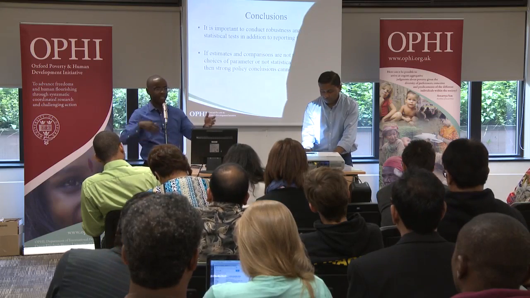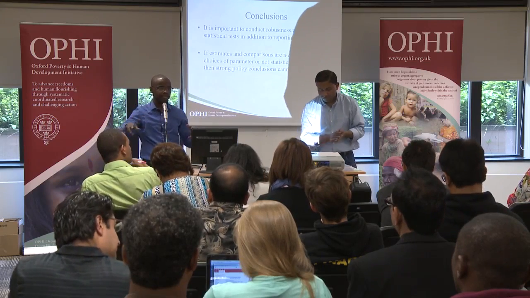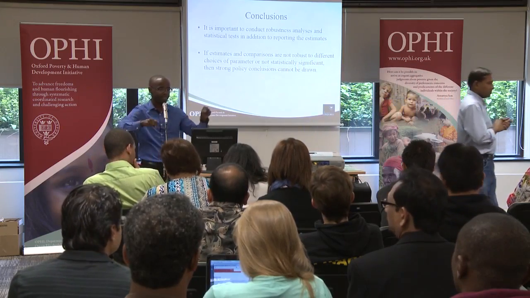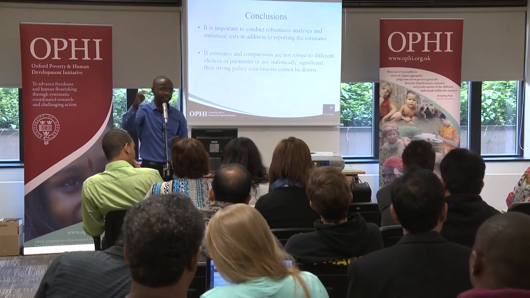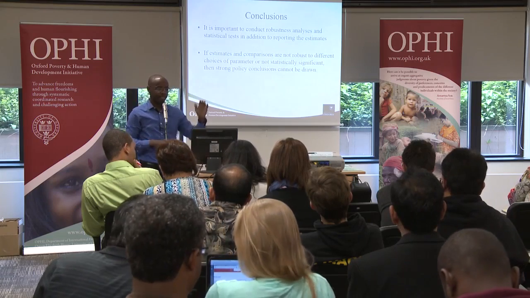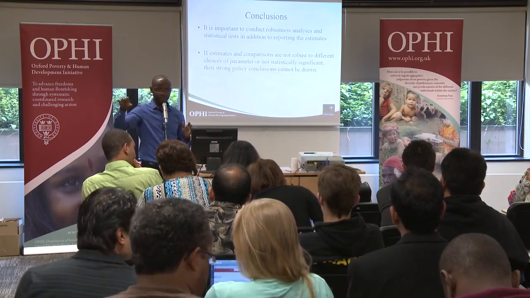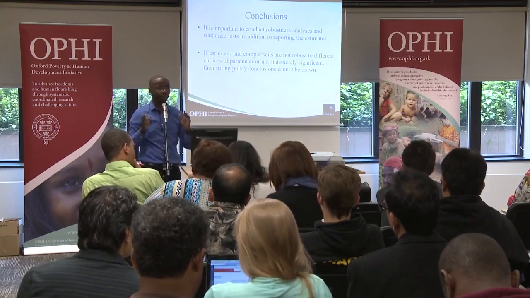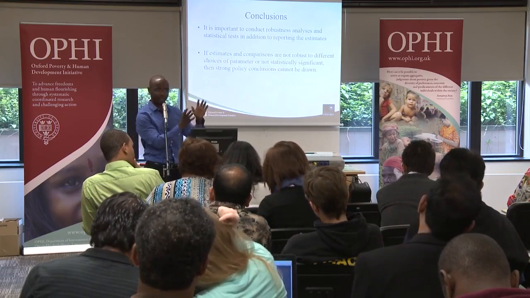First, do sensitivity analysis: change the parameters, and see what happens if I use this poverty cutoff or this deprivation cutoff, and then come out with a very strong ranking.